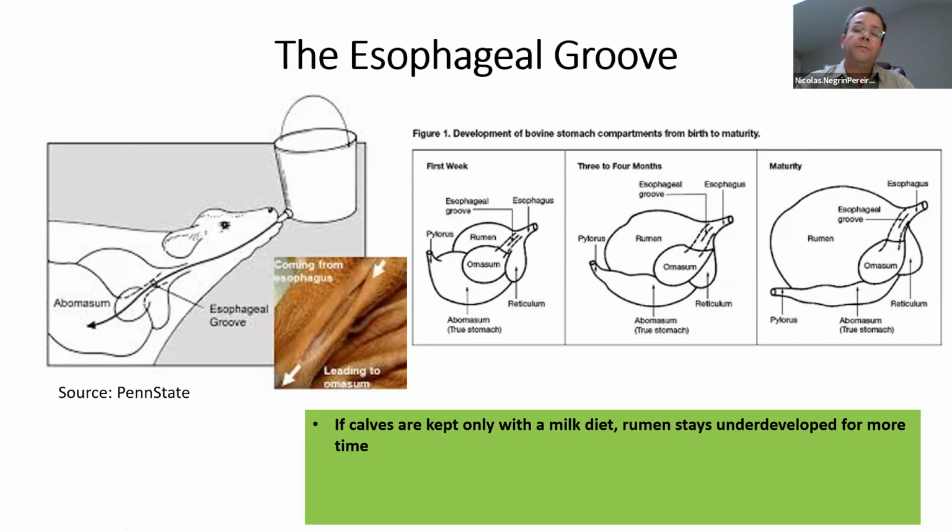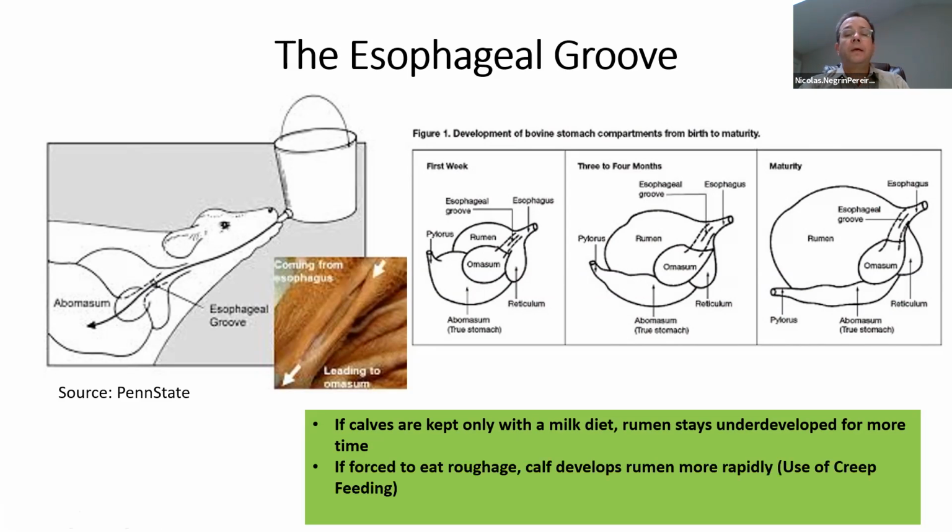But of course, at some point it will start developing because the animals start ingesting microbes from the environment and they start populating the rumen. And on the other side, if we start stimulating the young calf to eat roughage, plants, and a high content diet, then they will develop the rumen faster.